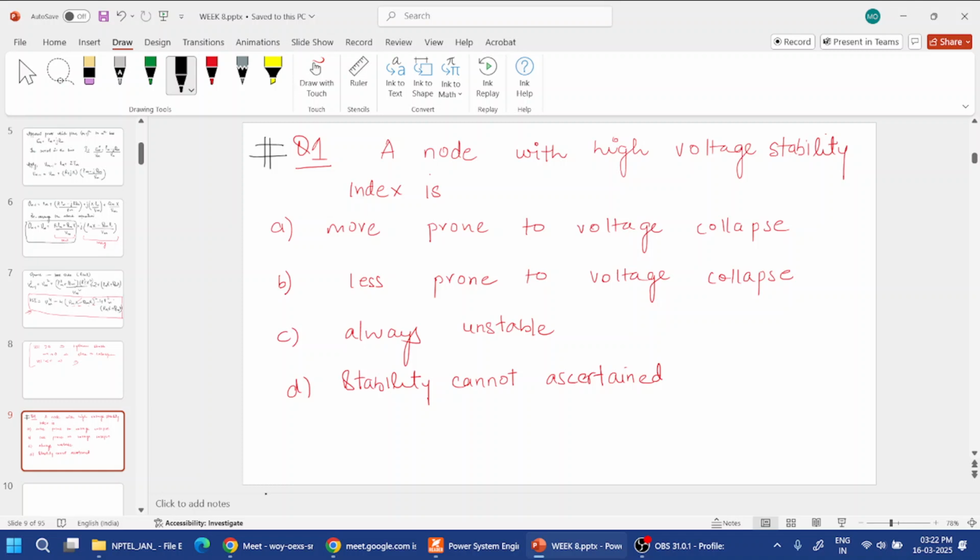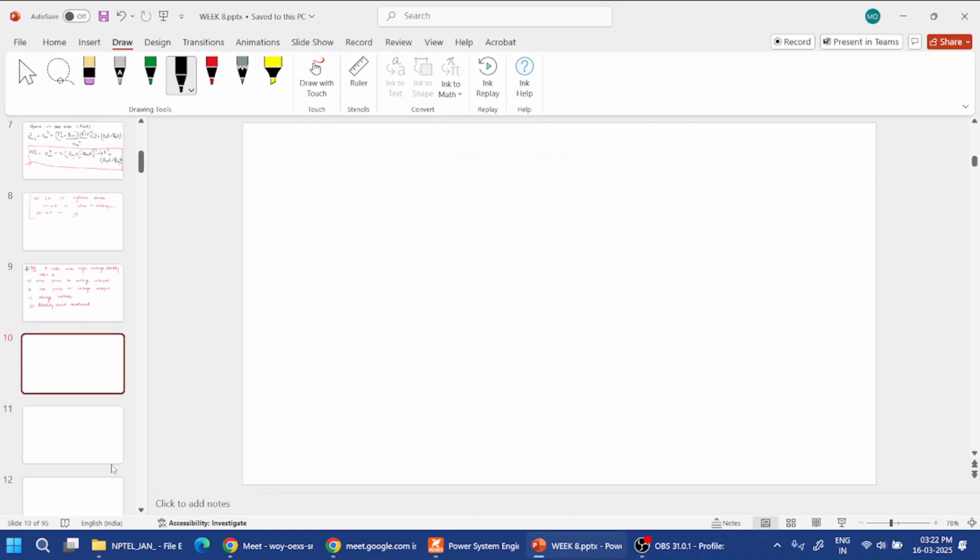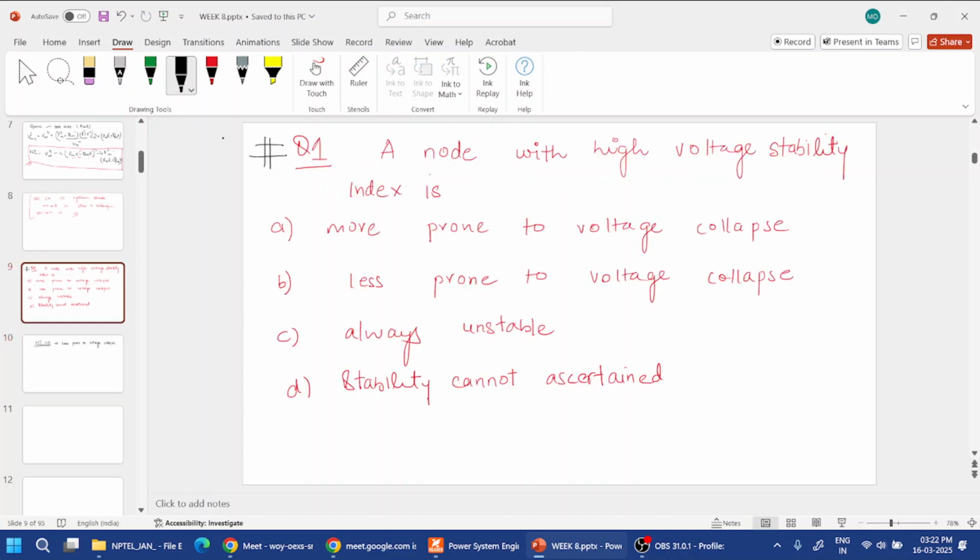Basically, if the VSI is higher, meaning it is positive and higher, it is less prone to collapse. Okay. So for this, the option is less prone to the voltage collapse. Okay.